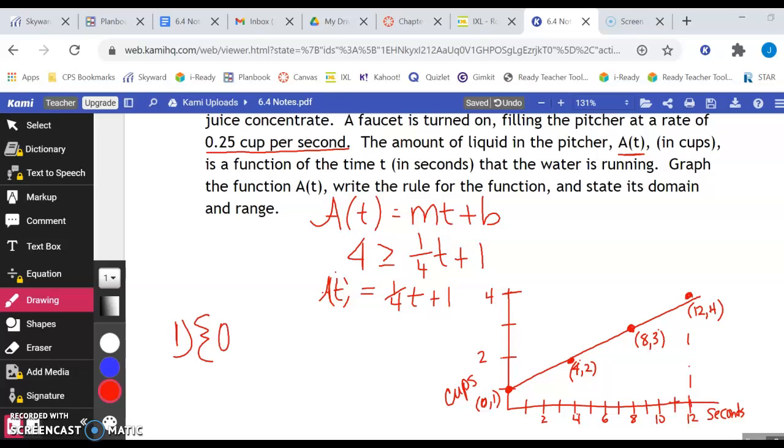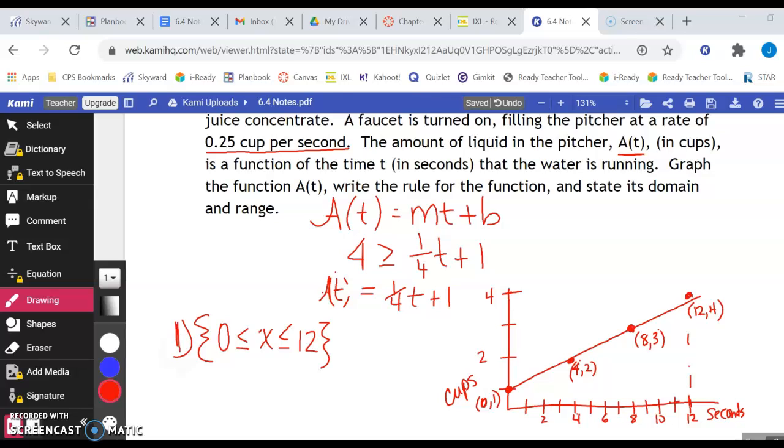So 0 is our starting point. Has to be a number greater than or equal to 0. So x is greater than or equal to 0. Notice the alligator, the inequality mouth is open towards the x. And then x has to be less than or equal to 12. So basically what that inequality shows us is that x is between 0 and 12.